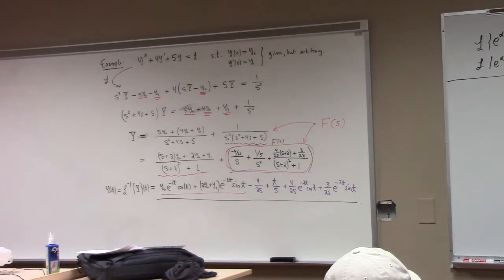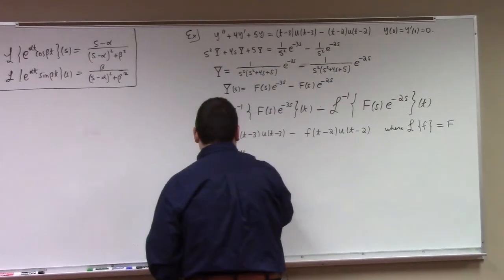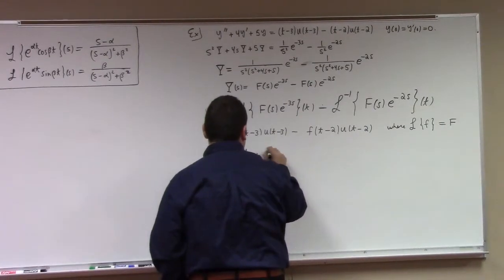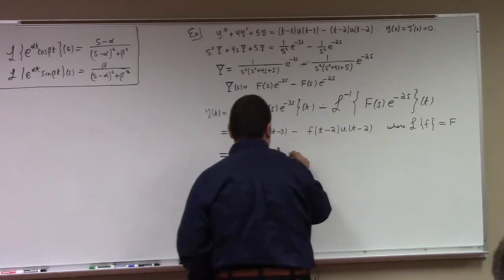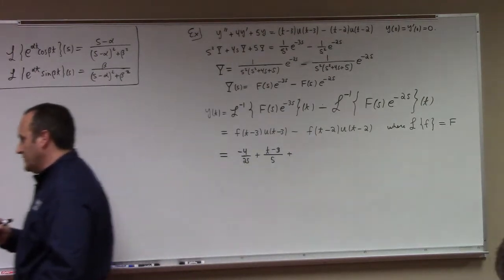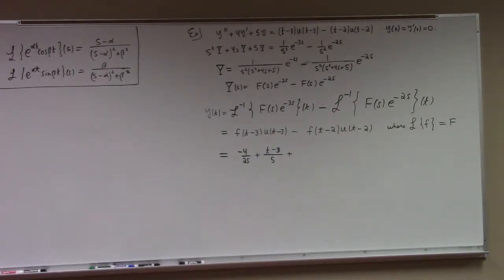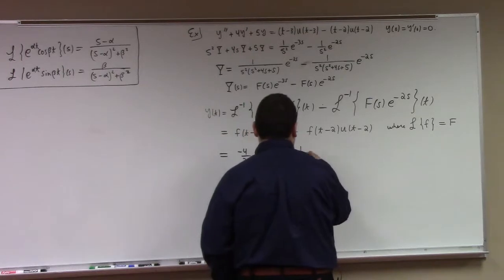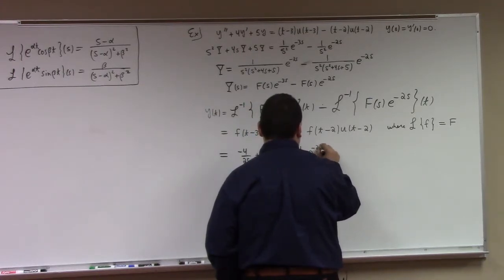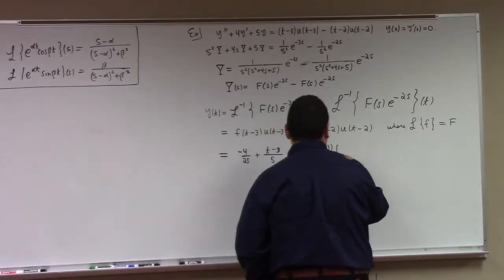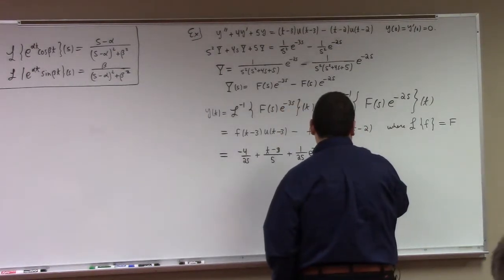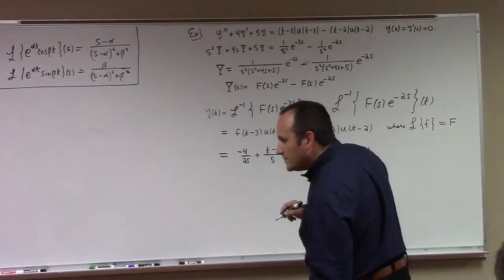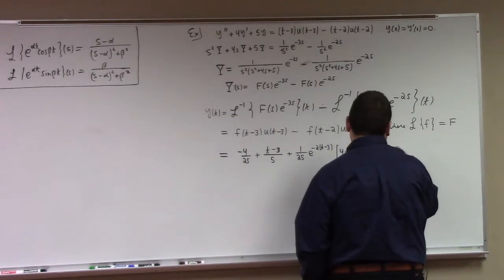It's going to be kind of long, but here it is: minus 4/25 plus (t minus 3)/5, plus, and I'm going to factor these out, so I've got 1/25 e to the minus 2 times (t minus 3), times parentheses 4 cosine of t minus 3 plus 3 sine of t minus 3.